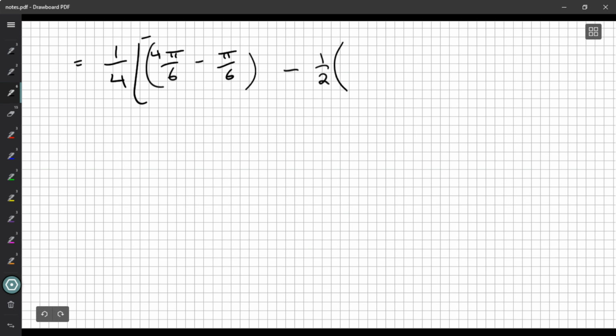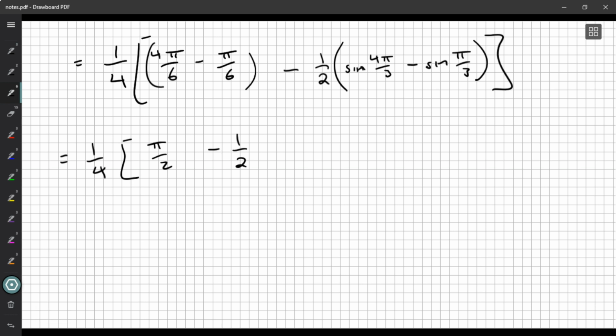Sine 2 times 2 pi by 3 is sine 4 pi by 3. And then sine 2 times pi by 6 is sine pi by 3. So we get 1/4. 3 pi by 6 is just pi by 2.